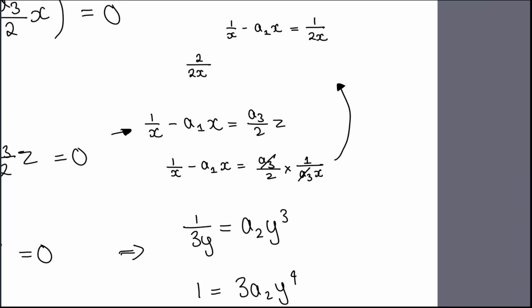This we can write as 2 over 2x minus 1 over 2x is equal to a1x. And so we get 1 over 2x is equal to a1x. So we get 1 over 2a1 square rooted is equal to x.